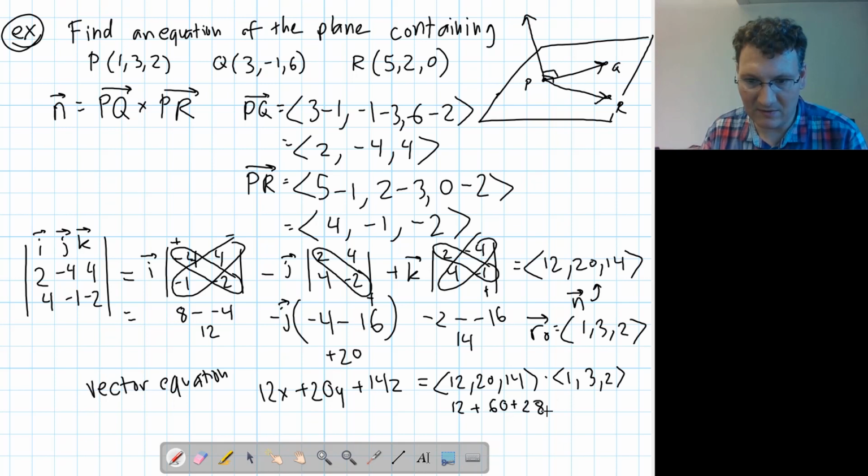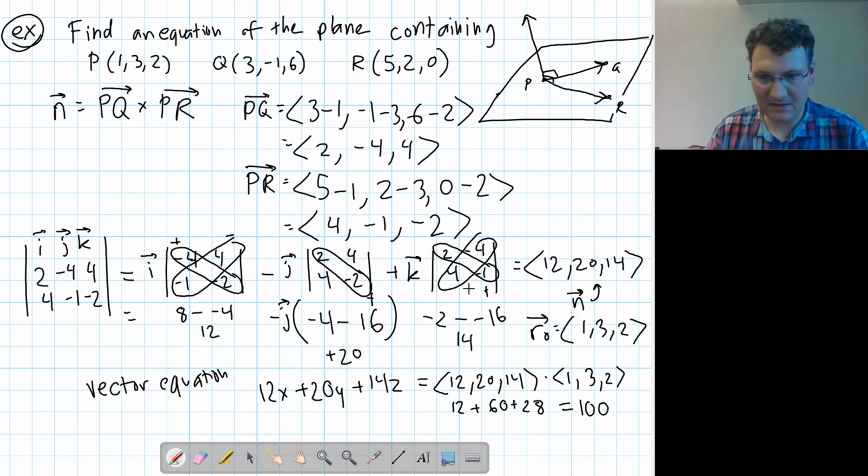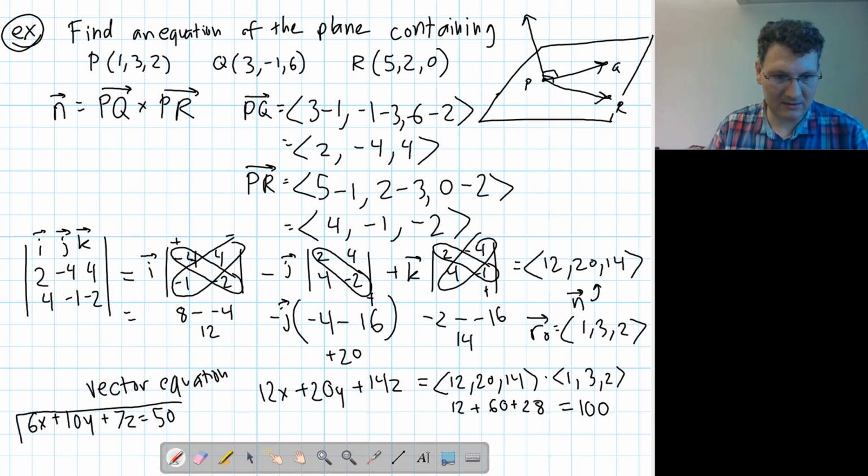So altogether that gives us 100. And if you wanted to clean it up a little bit, you can divide everything by 2. You could write 6x plus 10y plus 7z equals 50. That's probably the simplest way we could write this equation.